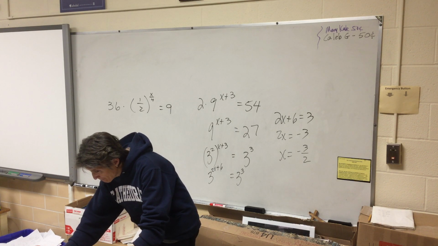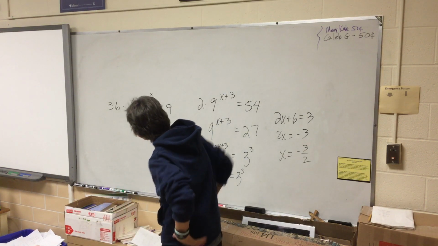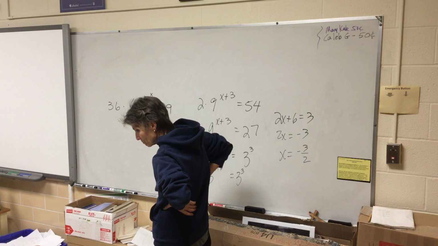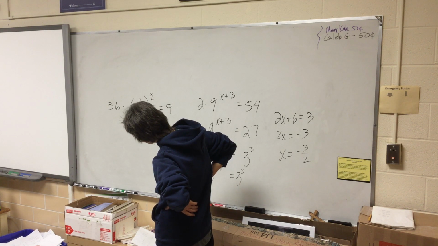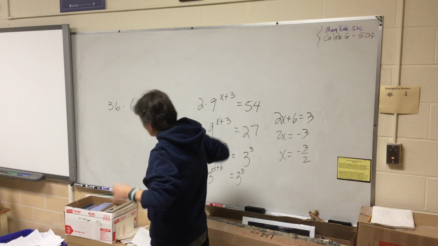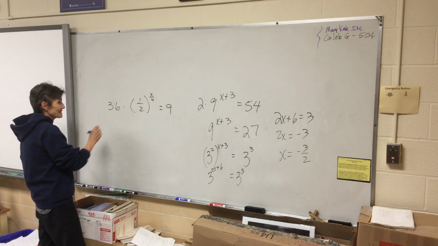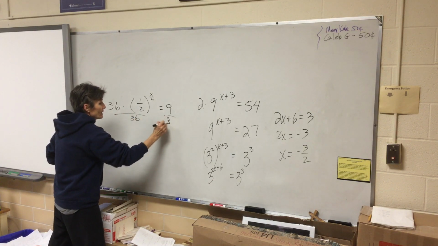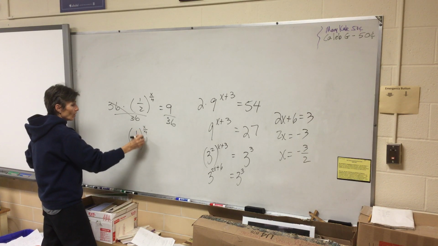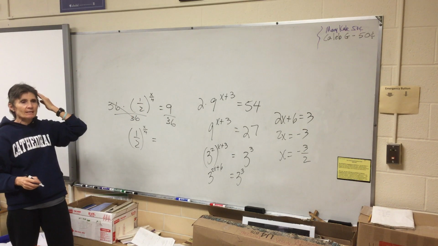What's step number 1? That would be getting the, well, you could divide 9 by 36. Yes, indeed. We're going to divide both sides by 36. That's exactly right. And so we're going to have 1/2 to the x over 4 equal to, now reduce your fraction. What does 9/36 reduce to?